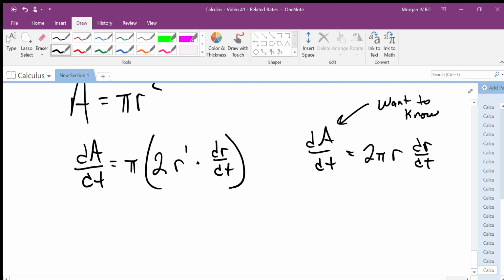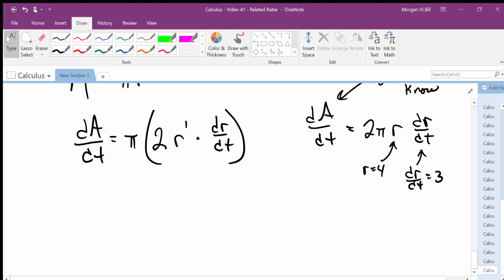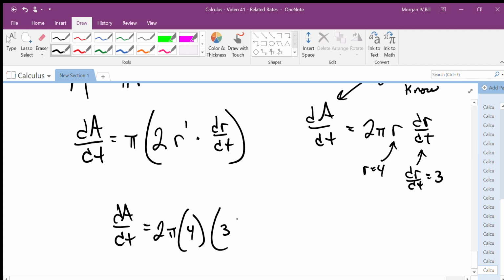Now we can plug in what r is equal to, and we can plug in what dr/dt is equal to. We want to know what's the rate of change in the area when the radius is 4 and the rate at which the radius changes, dr/dt, is 3. We can plug both of those in. We get dA/dt is equal to 2 times pi times r, which is 4 centimeters, times dr/dt, which is 3 centimeters per second. And if you do that, you get 24 pi.